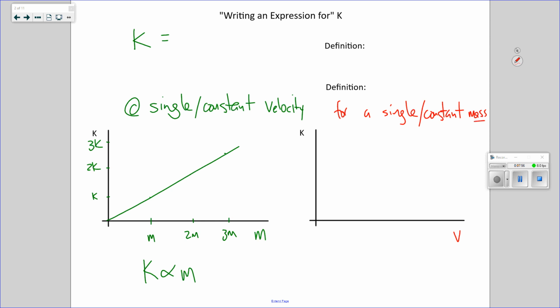Here's what happens. We go from V to 2V to 3V. Well, if there was some kinetic energy associated with a certain speed, if you double the speed, you don't double the K. What you do is 1, there's 2, here's 3, here's 4. You go 4 times as much.